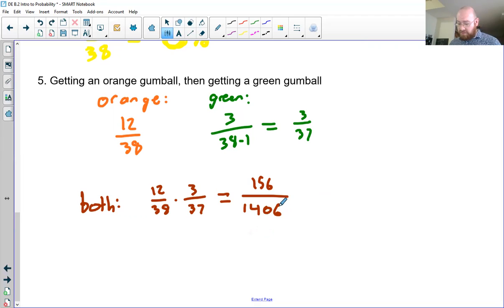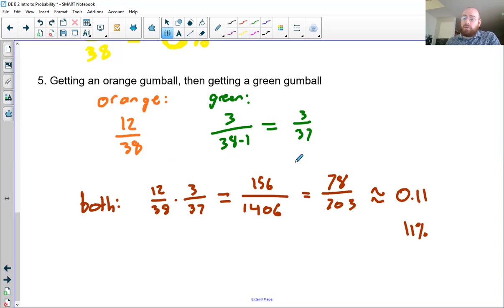So 156 divided by 1406. It does reduce to 78 over 703. And this is approximately, if I convert this to a decimal, approximately 0.11, which would be 11%. So there's a slightly better than 1 in 10 chance that if we put in 2 quarters, we'll get an orange and then a green.